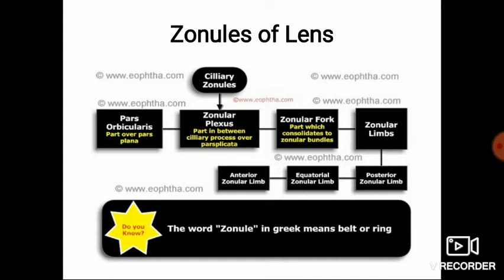These zonular plexus run through the valley of the ciliary processes, and near the anterior margin of the pars plicata, each zonular plexus converts into the zonular fork, which consists of 3 zonular fiber groups, that is anterior, equatorial and posterior.